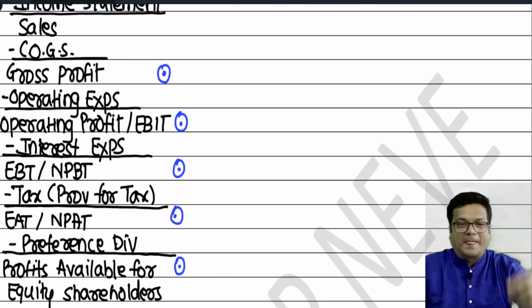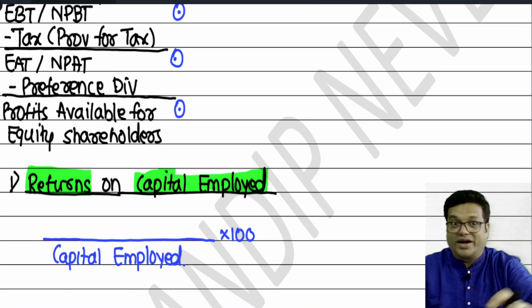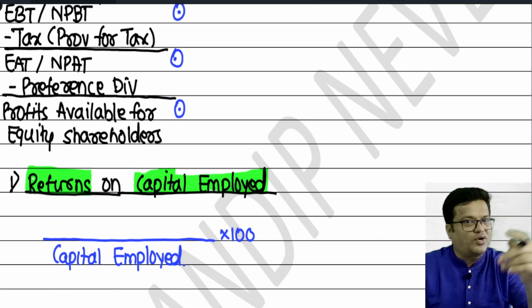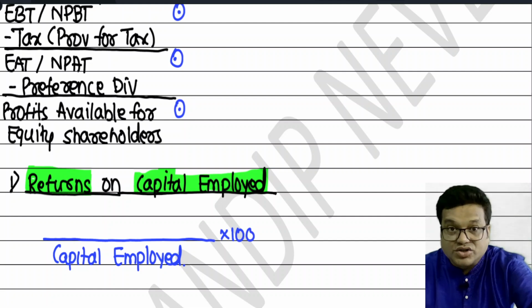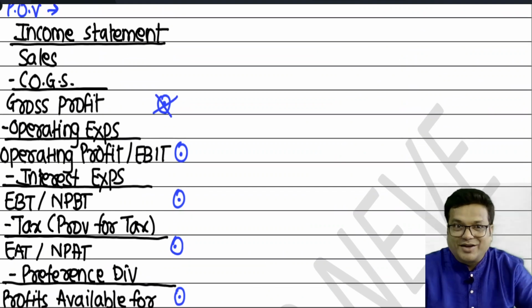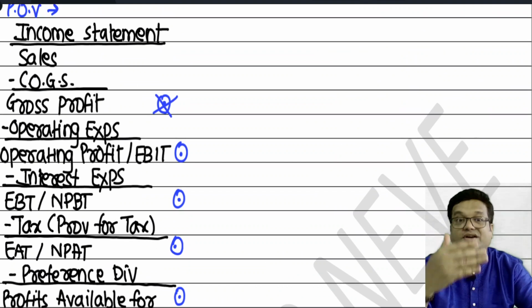Let us identify. What profit will be available for all the capital employed? Capital employed means debt plus equity. Equity will always include preference also. Now, from gross profit, first you'll deduct what? Operating expenses. You can't start paying interest, preference dividend, equity dividend.